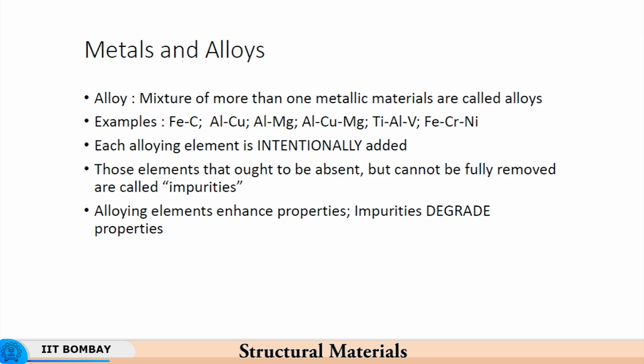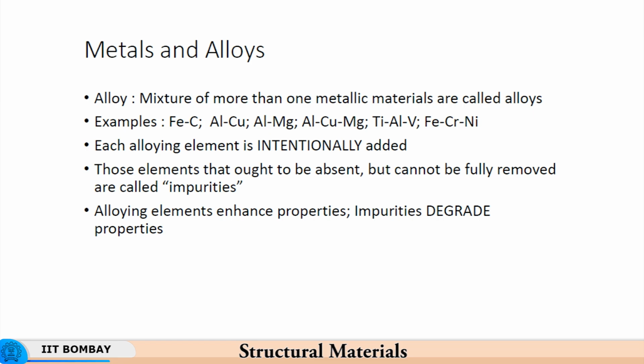They are not completely avoided, because this manganese sulfide also is something that is less of a nuisance, but yes, it also reduces the properties of the material. But if you control the morphology of the manganese sulfide, then it is possible to minimize the damaging effects of sulfur as well as manganese sulfide.